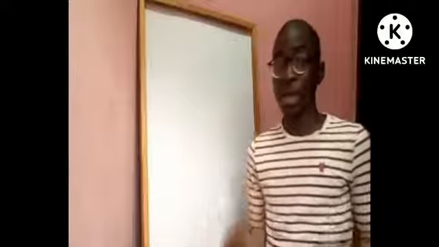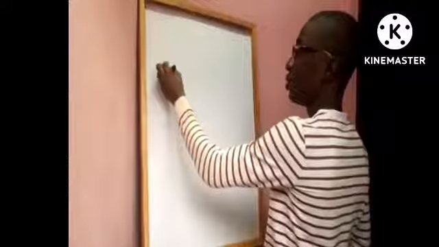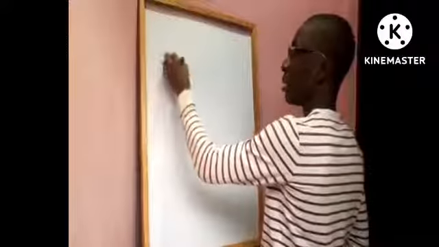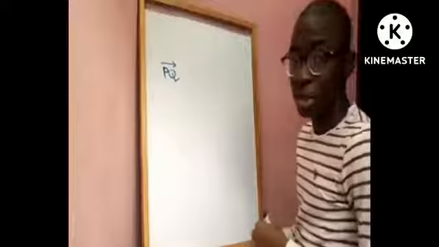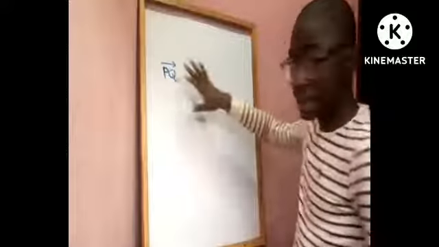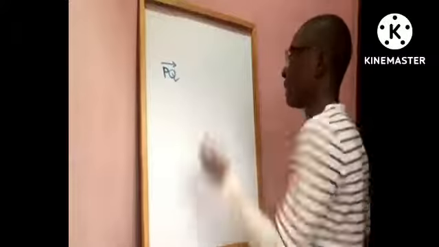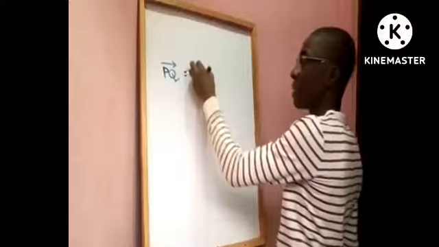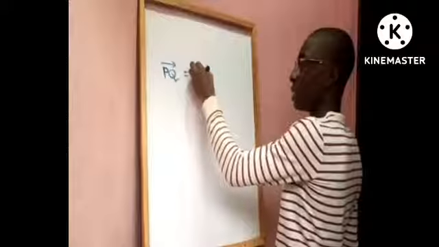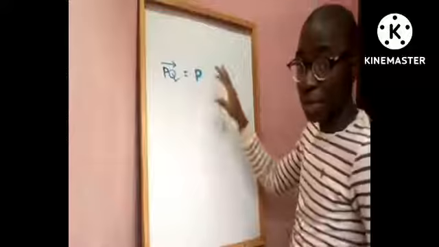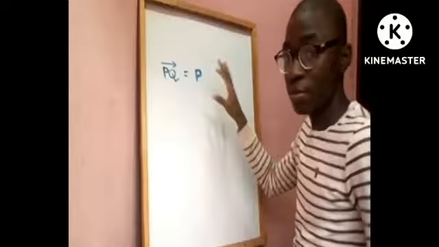Another thing we have to understand is that we can write vectors in a variety of ways. We can write the vector PQ as PQ with an arrowhead on top. This is the general notation for a vector. Or you can just write it as P in bold, lowercase.